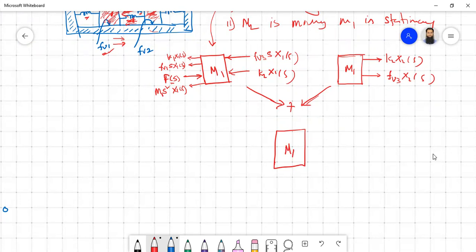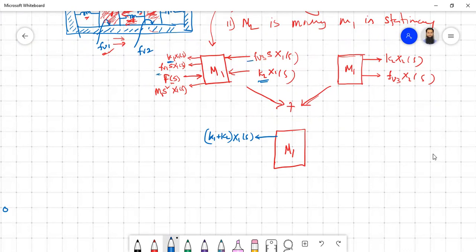Okay, so we can also add for simplicity. This one can be added with this one, same direction. So we can write K1 plus K2 X1S in this direction. Then the viscous force can also be added.